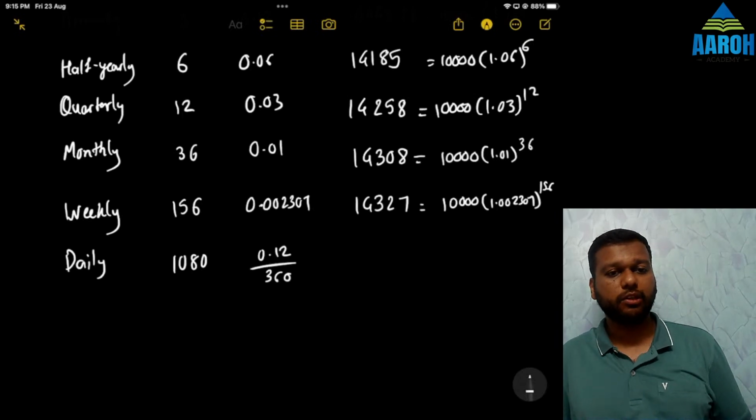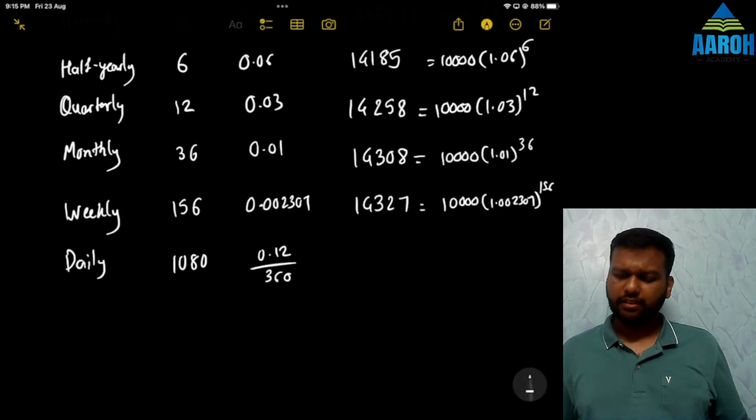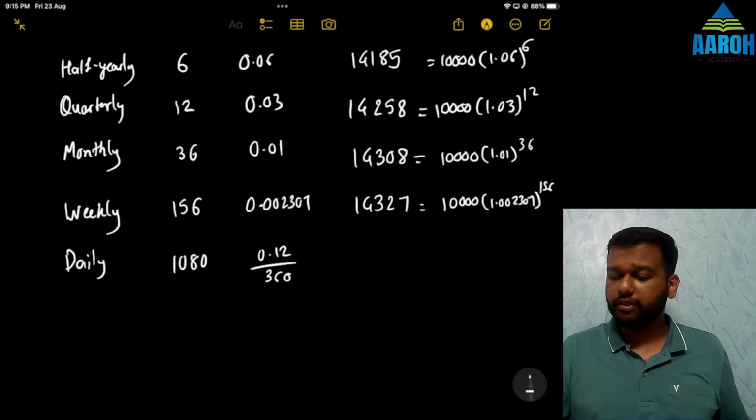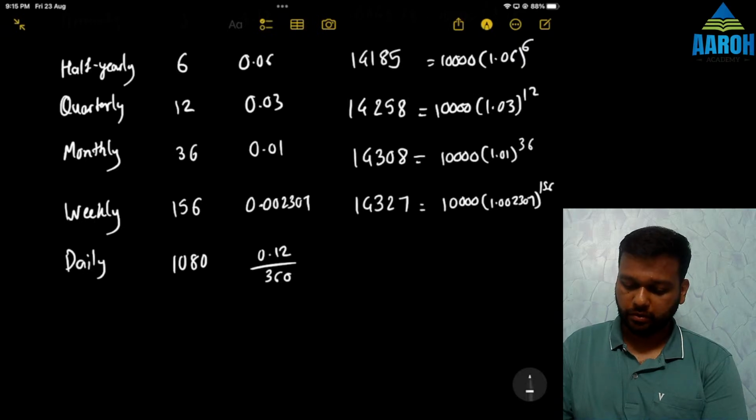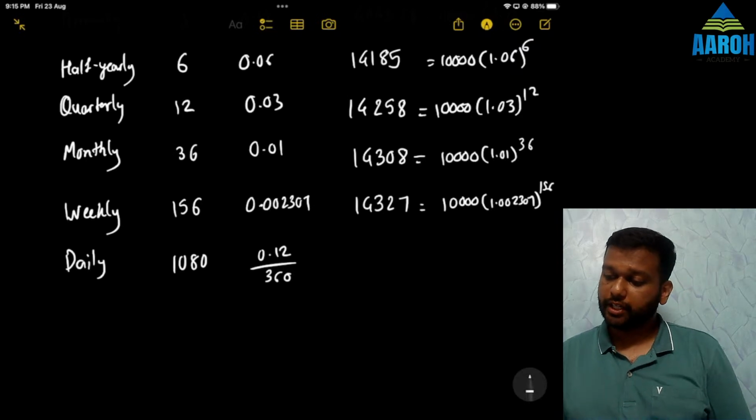That will be very small, so I'm just writing it like this. Just do it directly on your phone calculator: 0.12 divided by 360 plus 1, raised to 1080, multiplied by 10,000. You should get something like 14332.